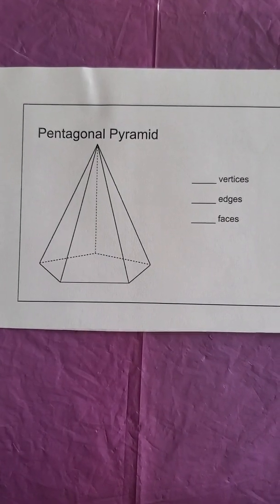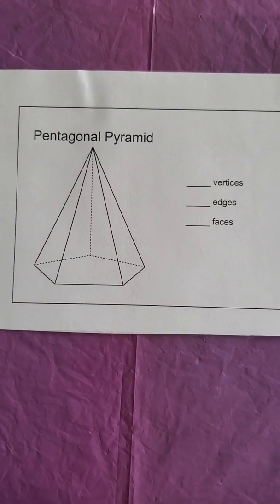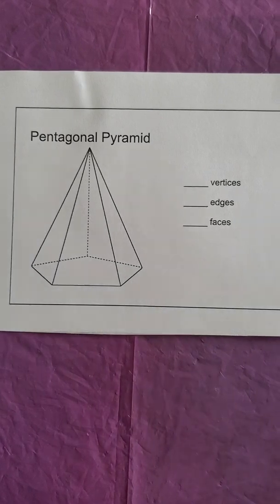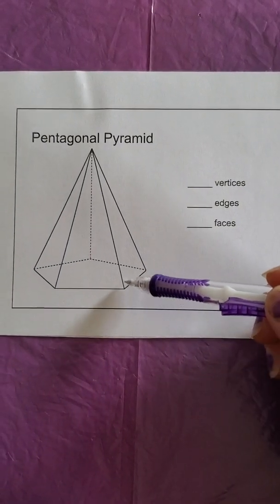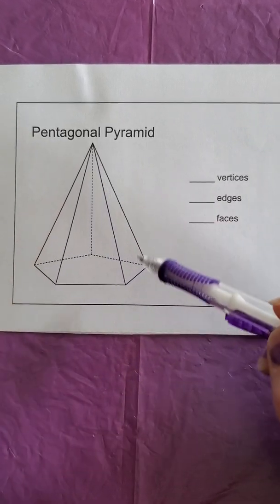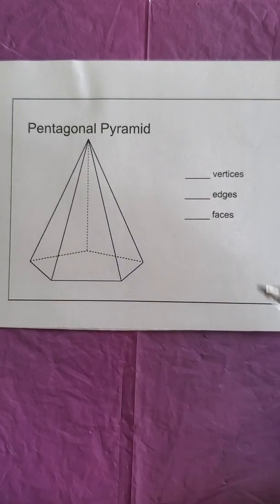Our last pyramid that we will cover is known as a pentagonal pyramid. It has its name because its base is in the shape of a pentagon, and all of the edges come up to one common vertex with triangular faces.